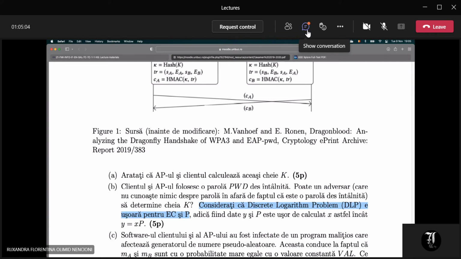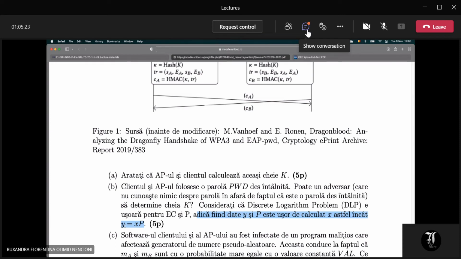What that means, you should know from advanced crypto, is that if Y and P are given, it's easy to compute X so that X times P gives Y.